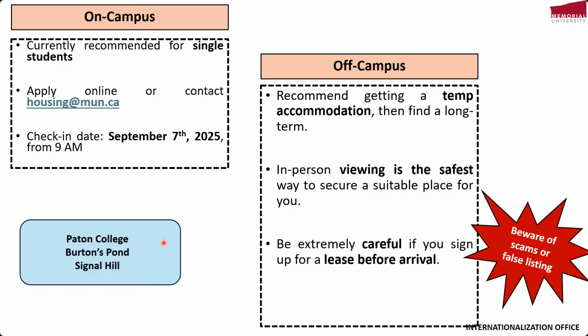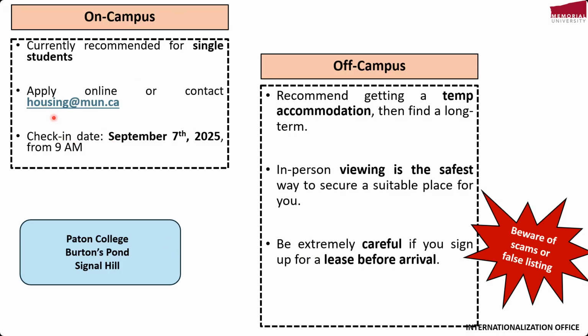I just want to explain that there is on-campus accommodation available for single students as well as for families. But I also wanted to highlight one important point: the family accommodation for this fall semester of 2025 is not available because it is fully booked. This is the only thing I wanted to highlight for families.